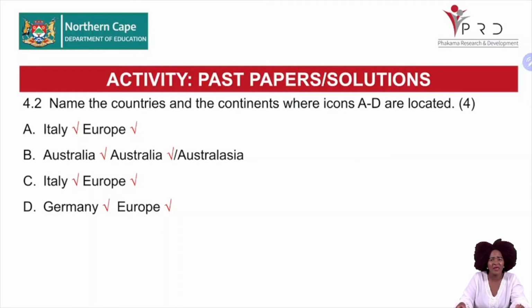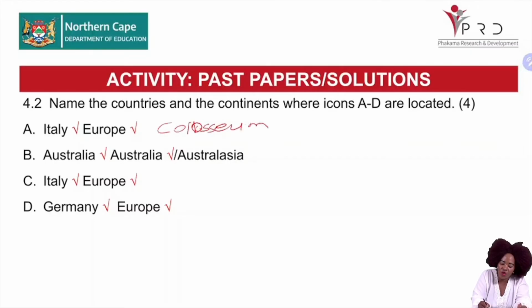Oh, by the way, in 4.2 you were supposed to name the countries and the continents of these icons. Now that you see in front of you, icon A is the Colosseum. So the Colosseum is situated in Italy, Europe.